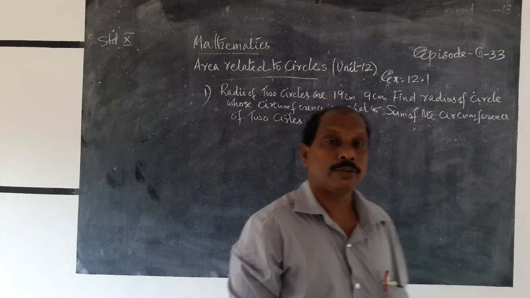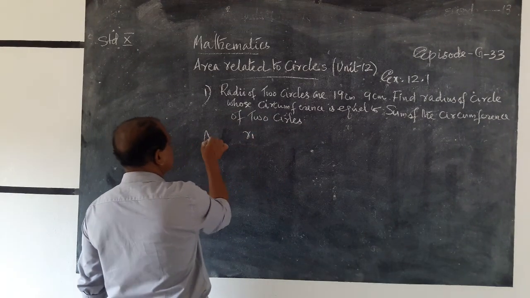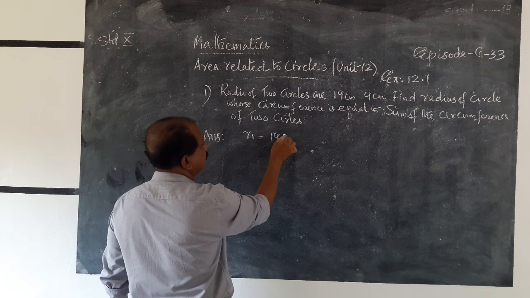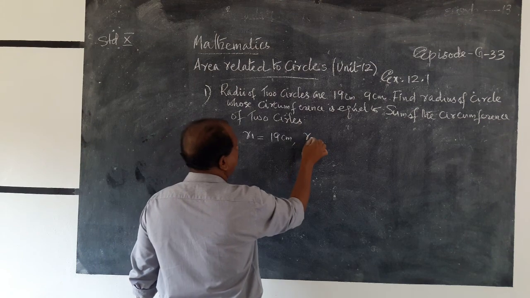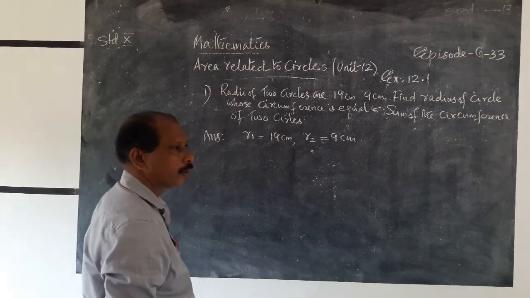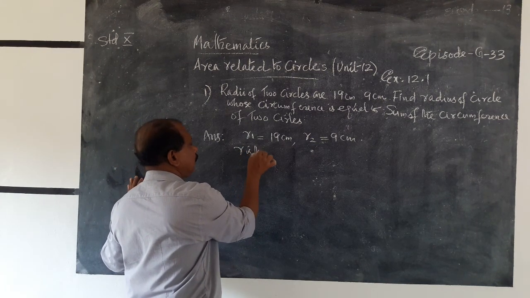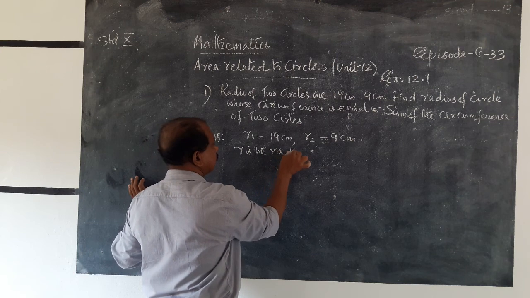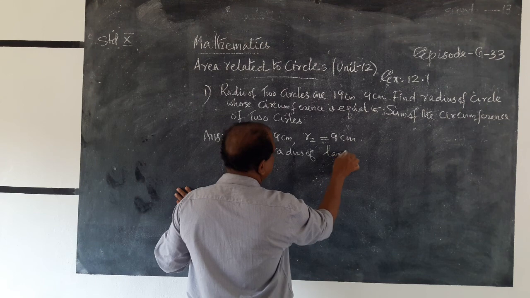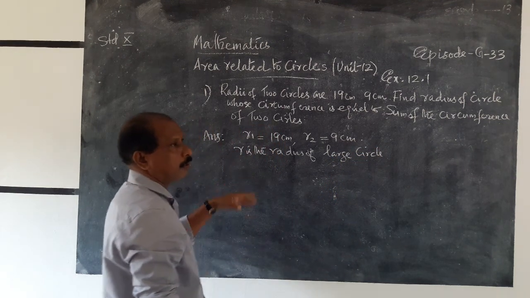Therefore, R1 is equal to 19 centimeter. R2 is equal to 9 centimeter. R is the radius of the large circle.